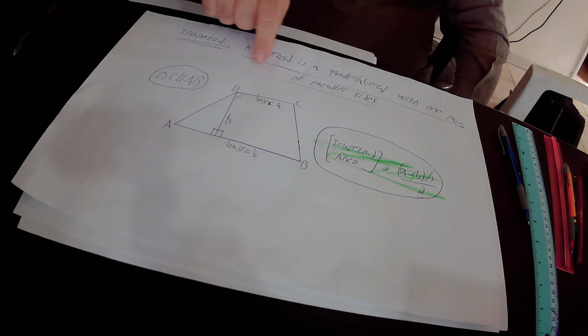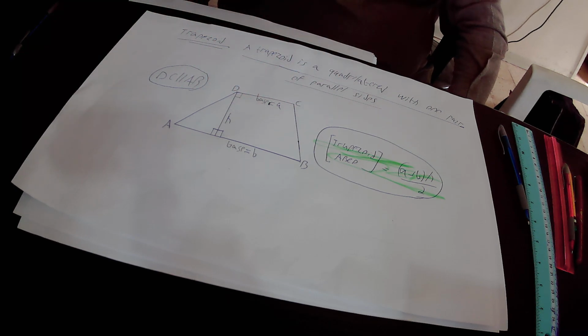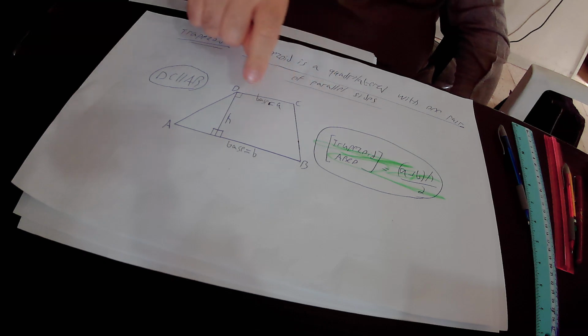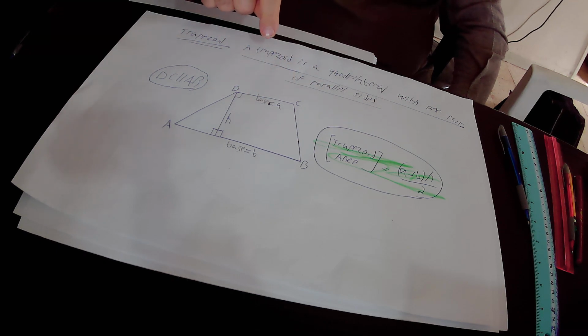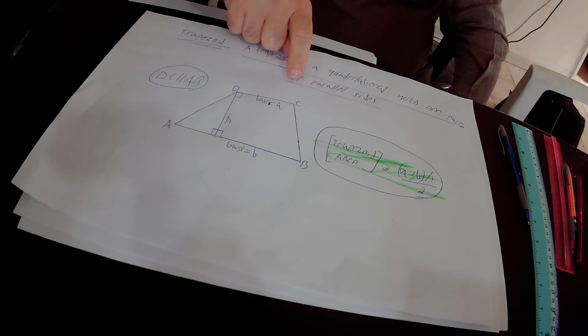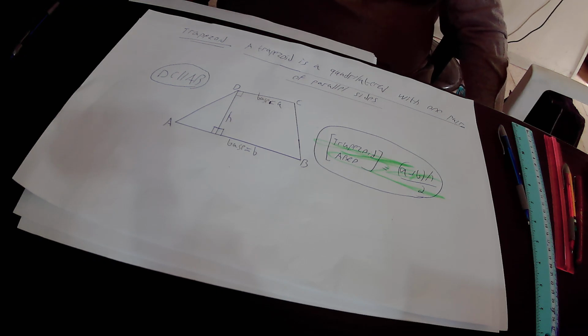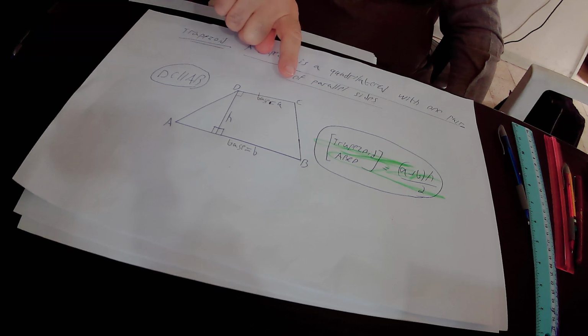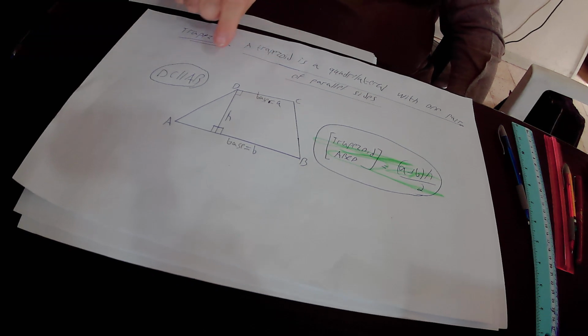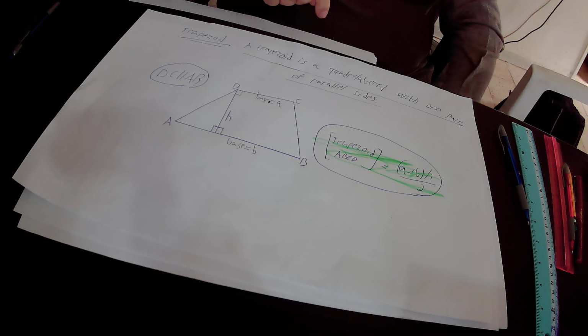Side DC is parallel to the opposite side AB, and therefore this quadrilateral ABCD is defined as a trapezoid. The two parallel sides are defined as the bases of the trapezoid. So side DC is the first base, side AB is the second base of trapezoid ABCD.